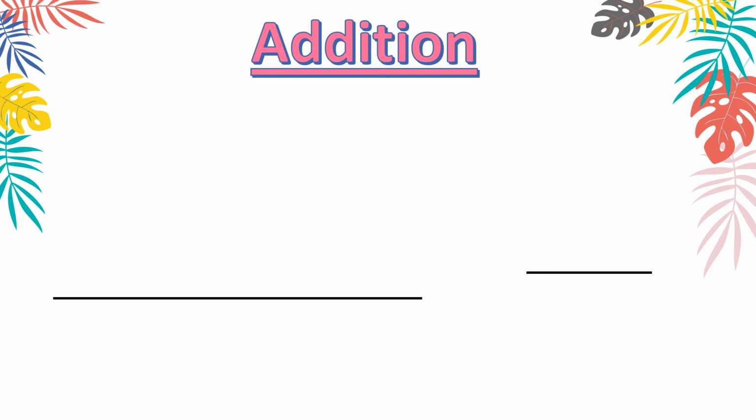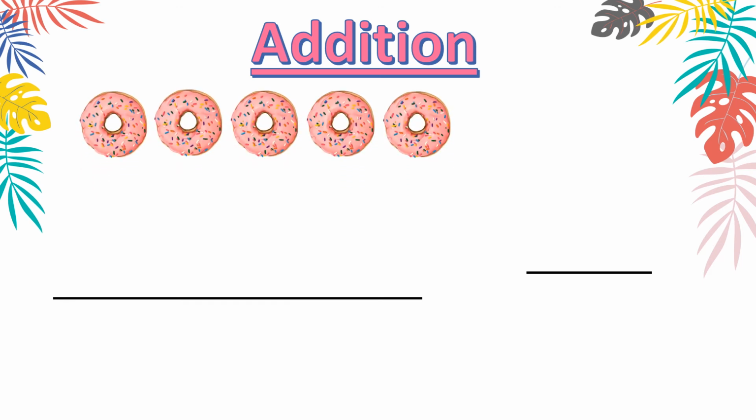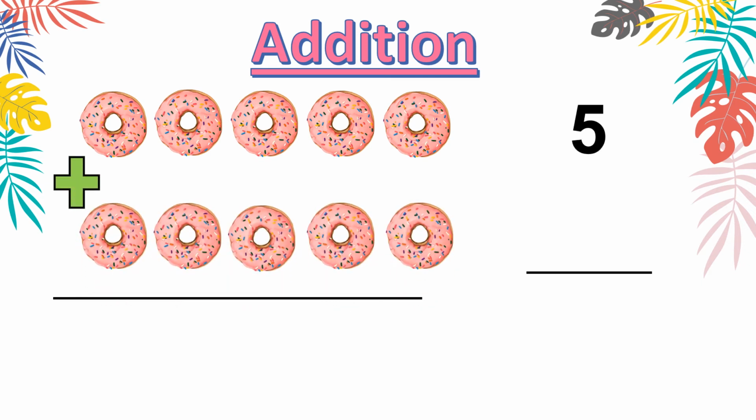Now, if we have here a group of donuts, let's count them. 1, 2, 3, 4, 5. We have 5 plus another group, 1, 2, 3, 4, 5. So, if we count all of them, 1, 2, 3, 4, 5, 6, 7, 8, 9, 10.